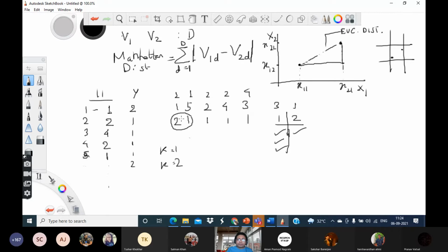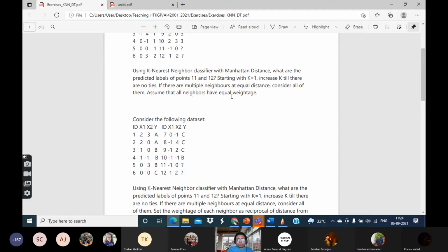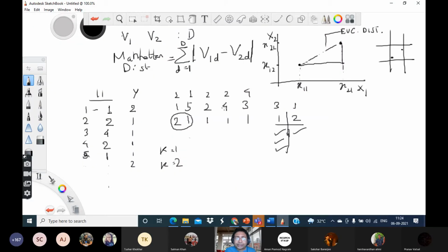Again, this is not a hard and fast rule, and this is not the only way in which k nearest neighbor can be done. A different version is also possible, in which if I find 2 or multiple points at equal distance, I choose randomly one of them.